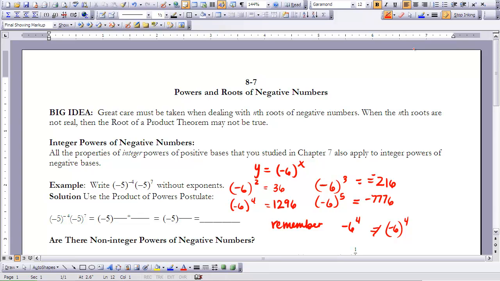Negative 4 plus 7 is going to be 3. That leaves us with negative 5 to the third power. We know that a negative value to an odd power gives a negative number, and that's going to give us negative 125.